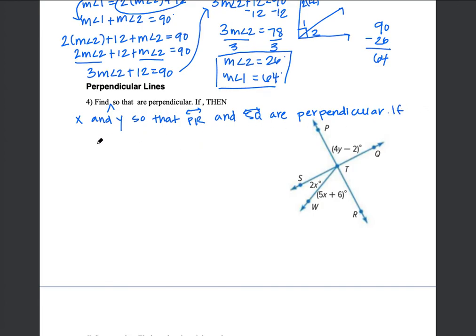If line PR is perpendicular to SR, then the measure of angle STR is equal to 90, and the measure of angle PTQ is equal to 90.